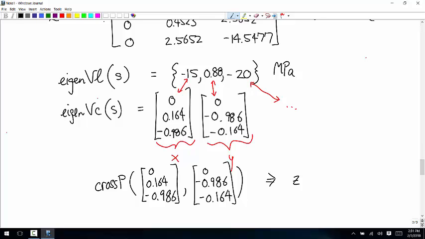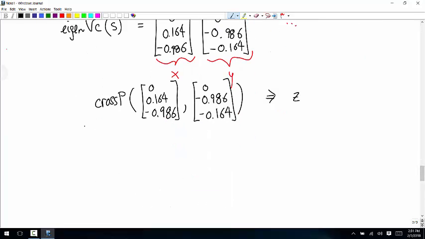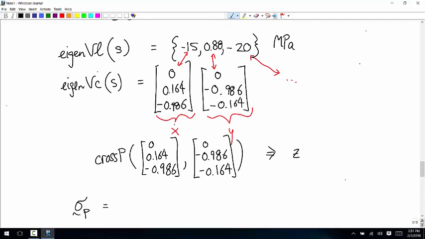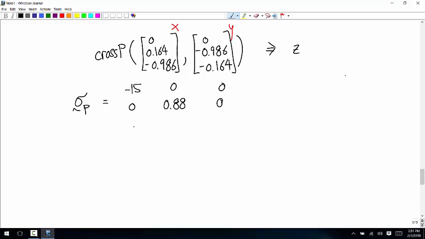So it tells you how this new coordinate system is rotated. And then your principal stress tensor in the new coordinate system is just the thing corresponding to your x-axis, negative 15. Your thing corresponding to your y-axis, 0.88. And then your eigenvalue corresponding to your z-axis, negative 20. Any questions about that?